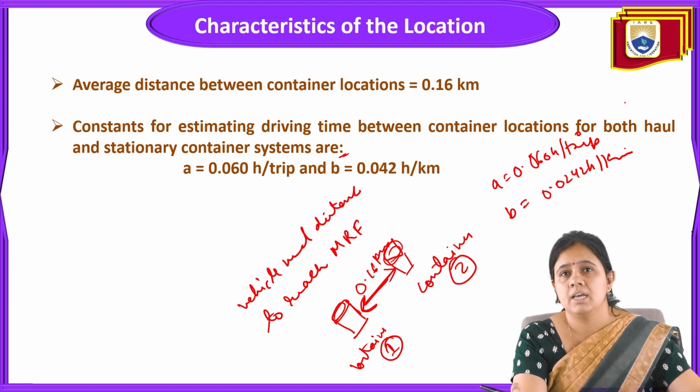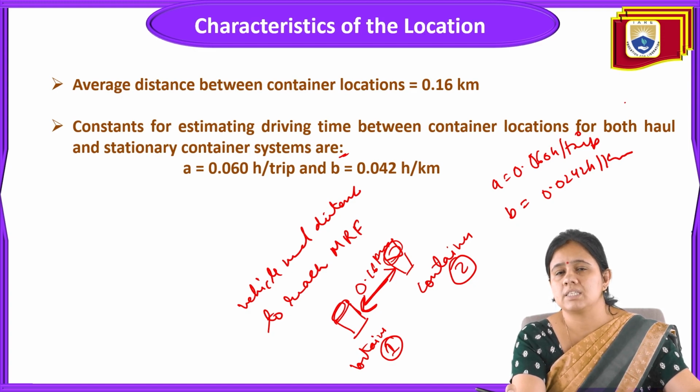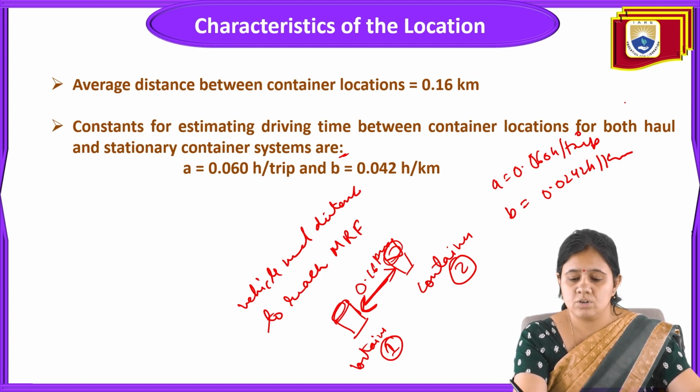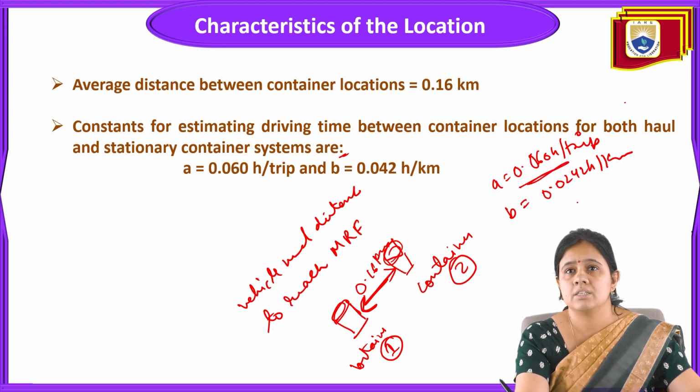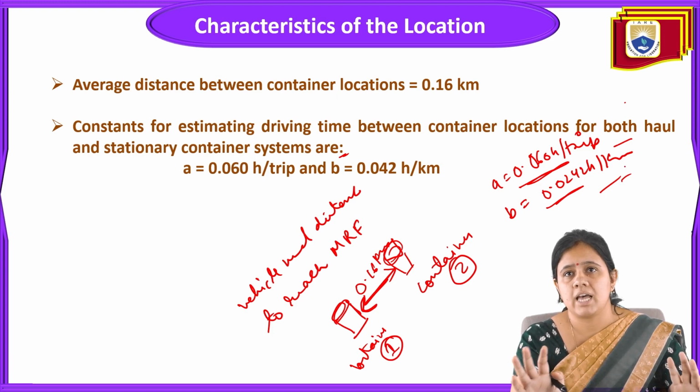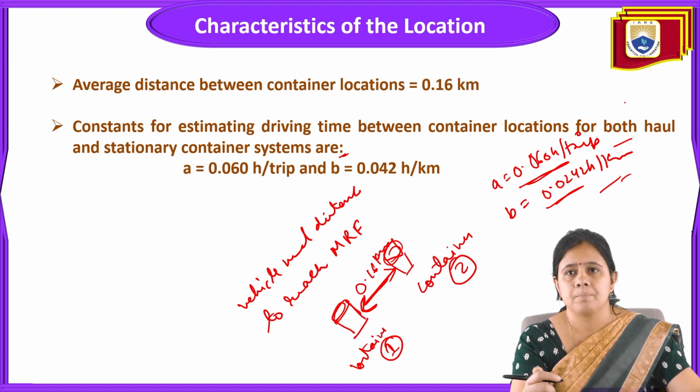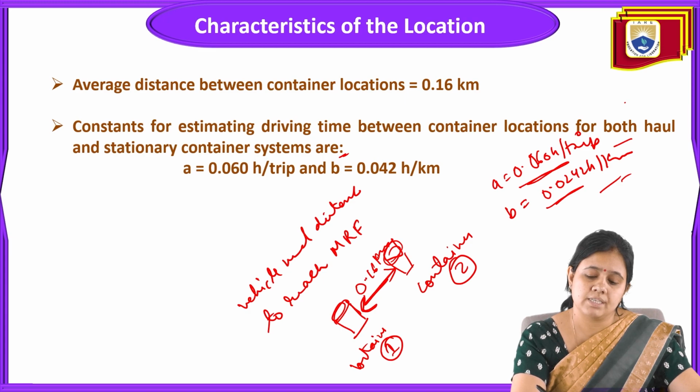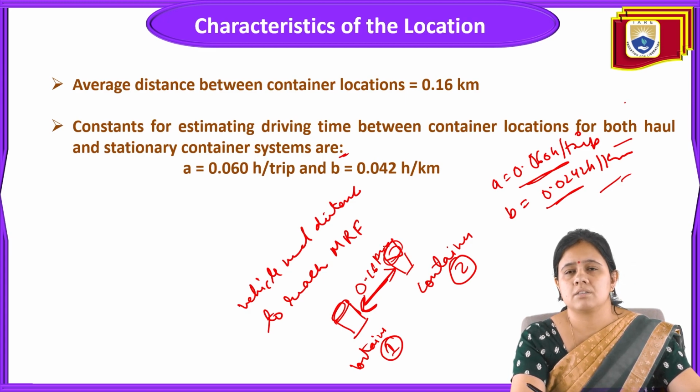So A and B are the constants for estimating driving time for both systems. These two have been given, and the average distance between two containers is 0.16 kilometer.